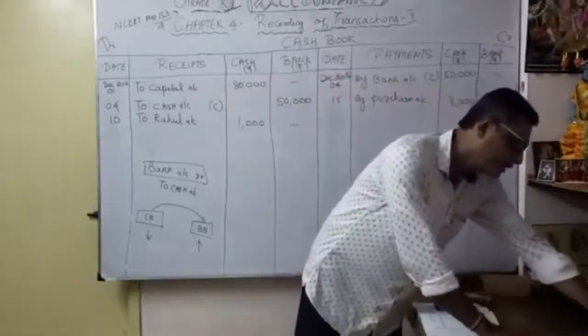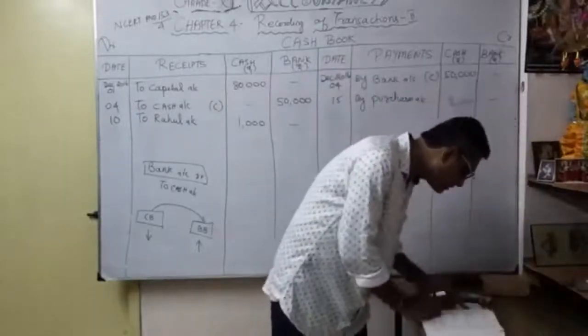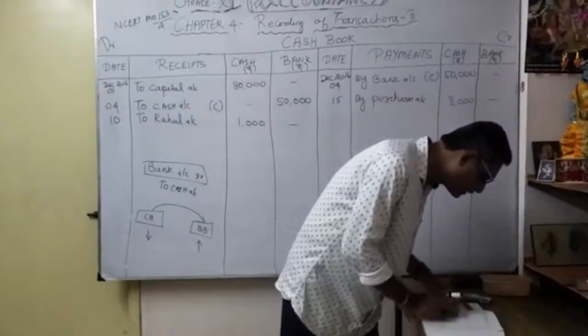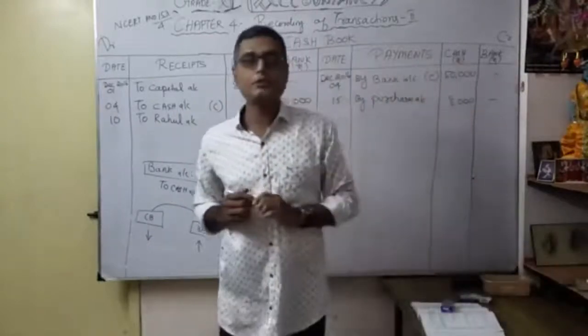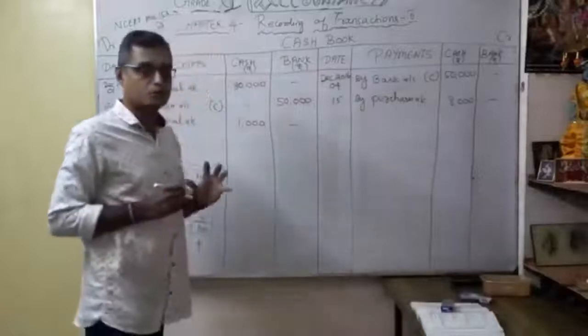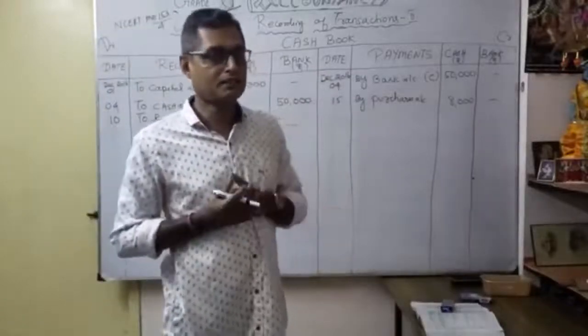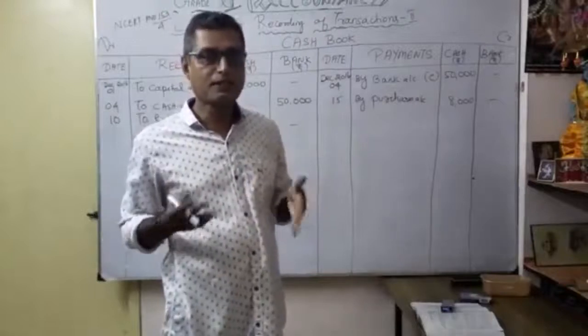Then what next? December 22, bought goods by check 10,000. So naturally this comes under a bank transaction. What is the entry? Purchases account debit to bank.